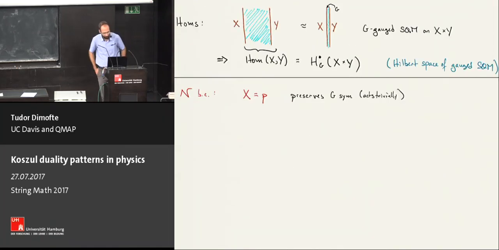Good. Let me look at the two canonical boundary conditions.